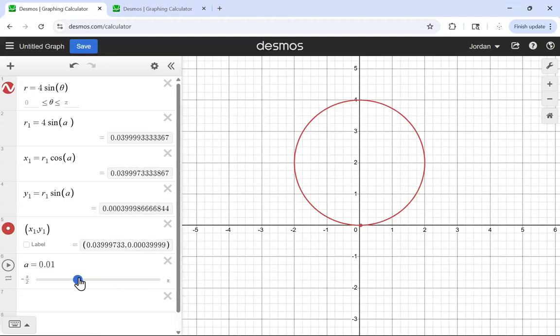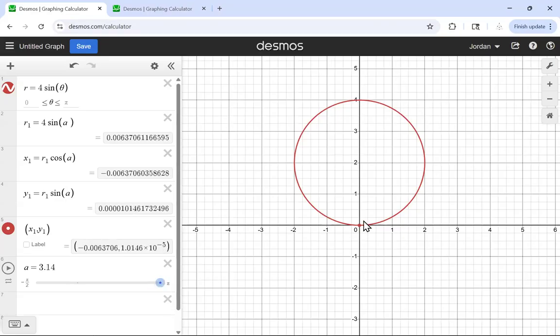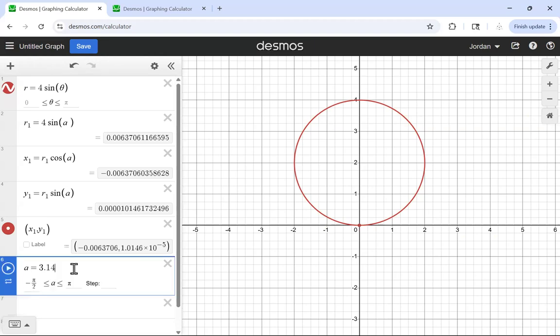And what we're saying is that if we start our point here at theta equals 0, and we go all the way around till we hit theta equals pi, we would have navigated around that circle 1 time.